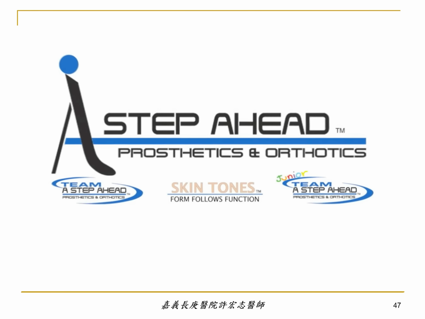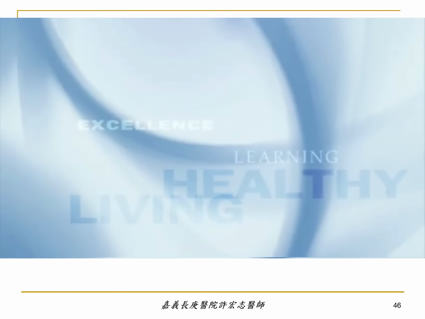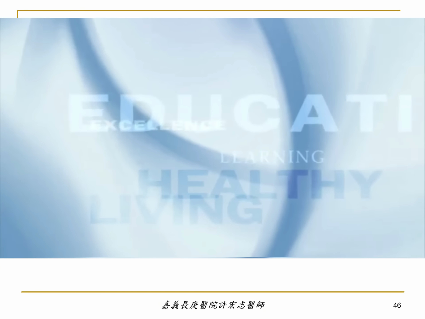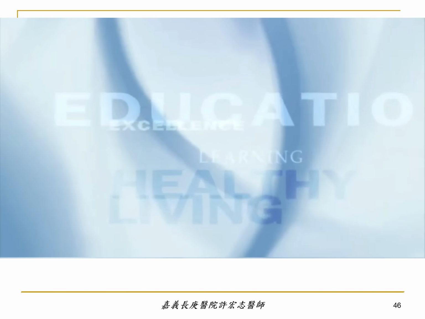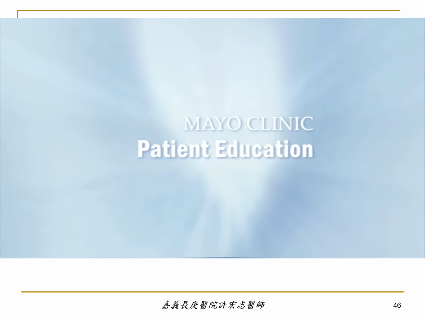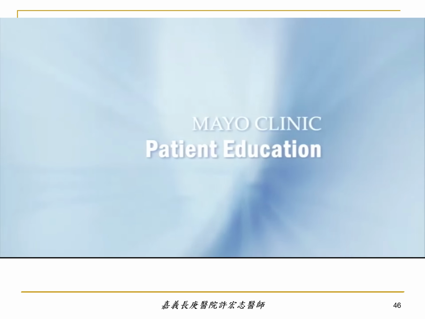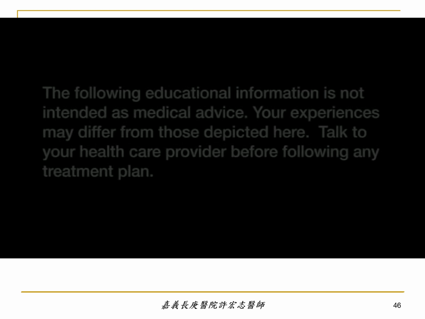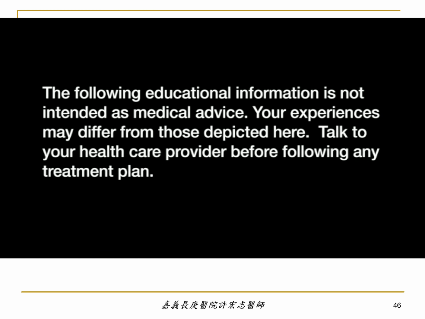Okay. 现在大家可以看一下，就是上肢的义肢，upper limb prosthetics. What is the usage of the upper limb prosthetics?